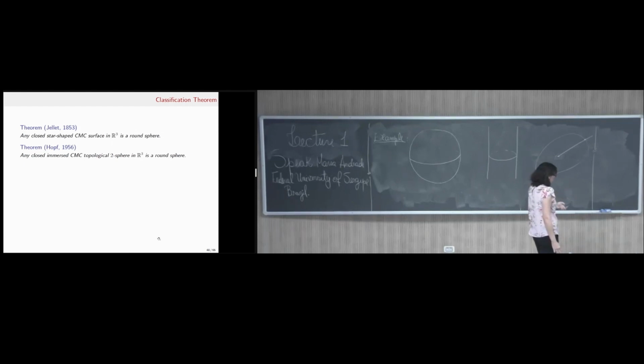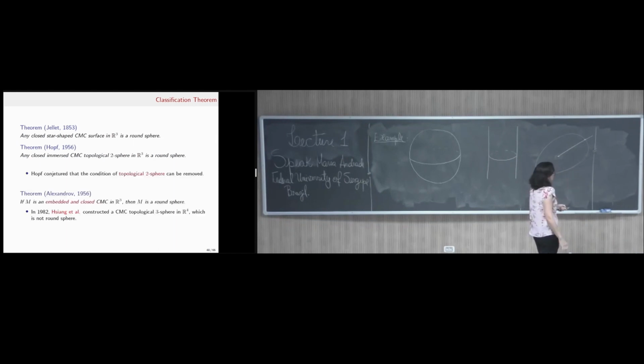So this is the famous Hopf conjecture: that the condition of topology of a sphere can be removed.